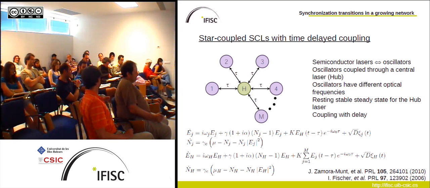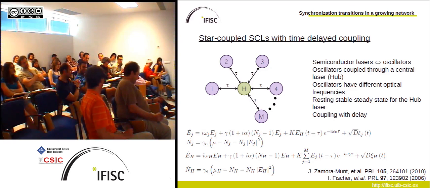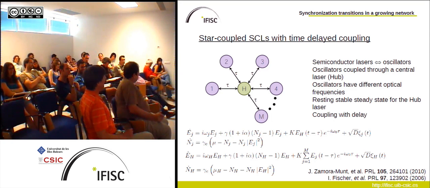The noise in the carriers does not help you to go out of that unstable fixed point. So that noise is typically neglected, because the switch on, where the noise plays the most important role, is in the field. That doesn't mean that above threshold, once the laser is switched on, the noise in the carriers might not be as important as in the electric field, but it's usually neglected anyway.